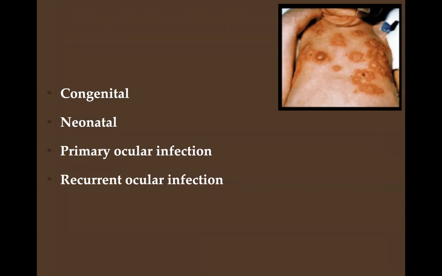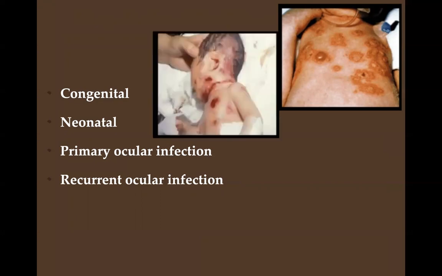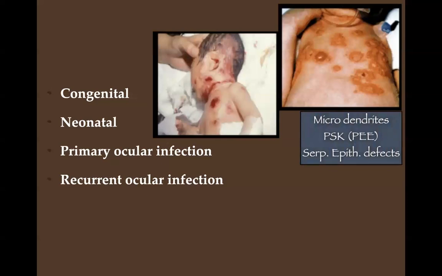Primary ocular infection, also recurrent ocular infection after that. All these figures are different types of herpetic disease, with microdendrite, PSK or PEE, also serpiginous epithelial defects.